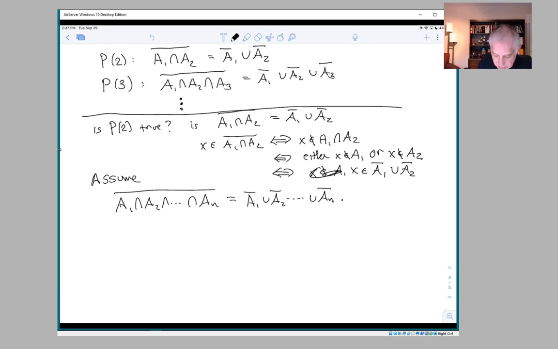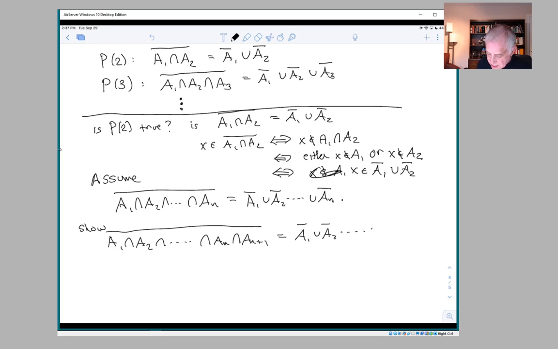Well, then you need to show that the complement of A1 intersect A2 intersect up to An plus 1 is equal to A1 complement union A2 complement union up to An plus 1 complement.